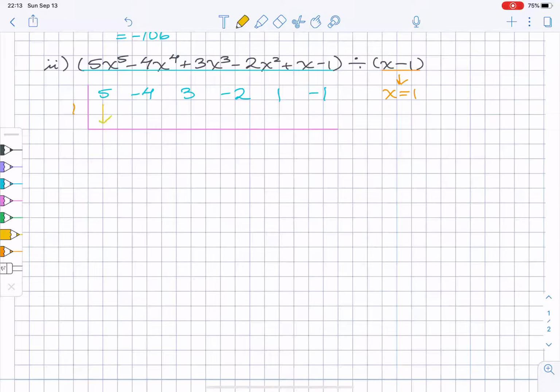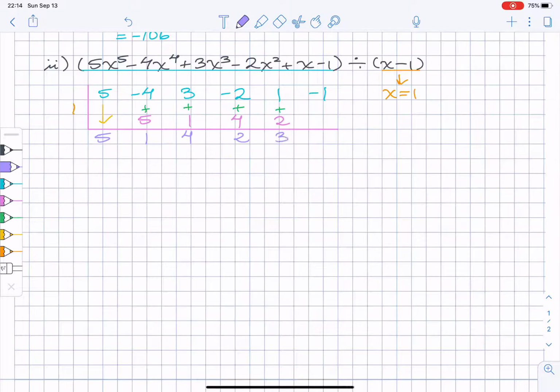Drop down the 5. 5 times 1 is 5. Add this, 5 minus 4 is going to be 1. 1 times 1 is 1. Add this column, we get 4. Now 4 times 1 is 4. Add this column, we get 4 minus 2 is 2. 2 times 1 is 2. Add this column, 2 plus 1 is 3. 3 times 1 is 3.